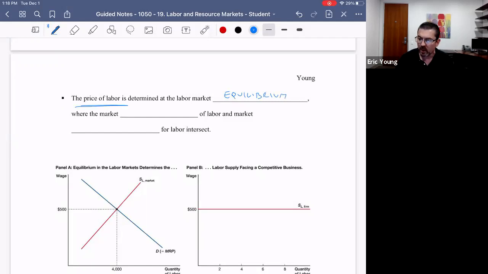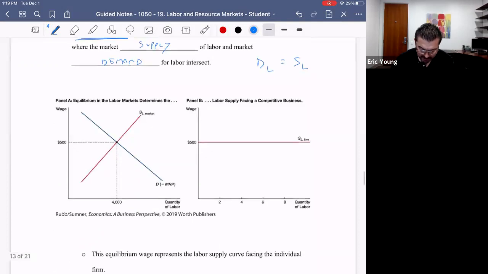And this is going to be the point where the market supply of labor and the market demand for labor intersect. In other words, now that we've built all the pieces, we can bring them together. We can take the labor demand, set it equal to the labor supply, and that's going to be equilibrium.